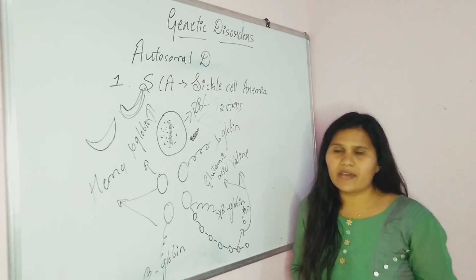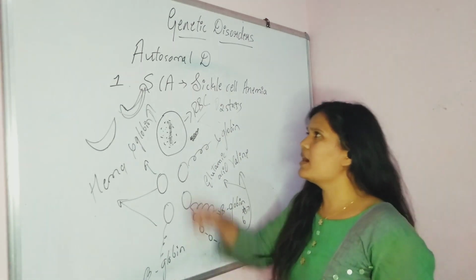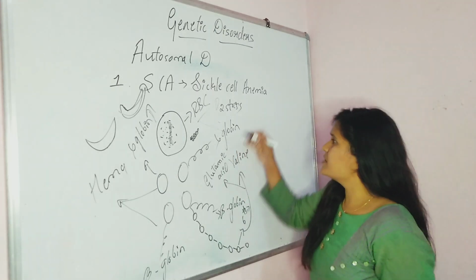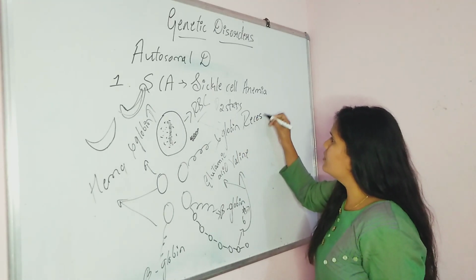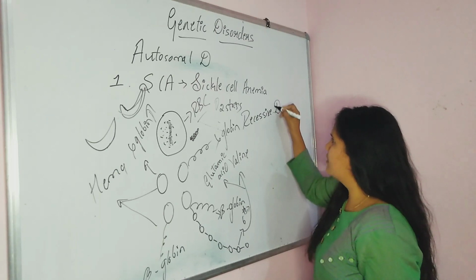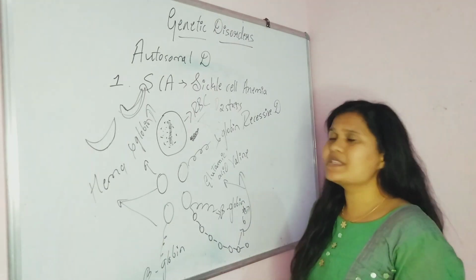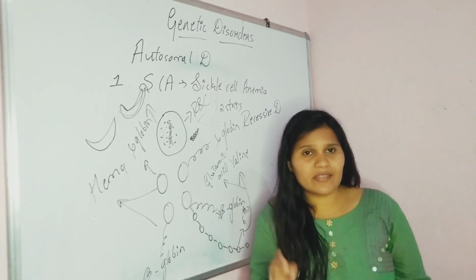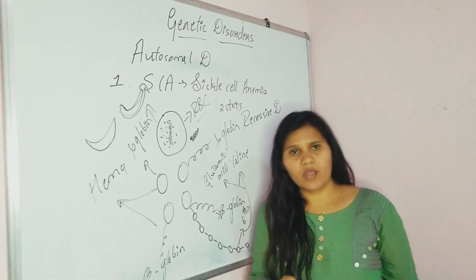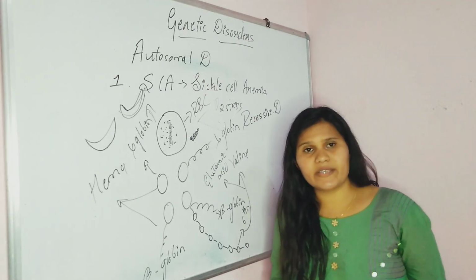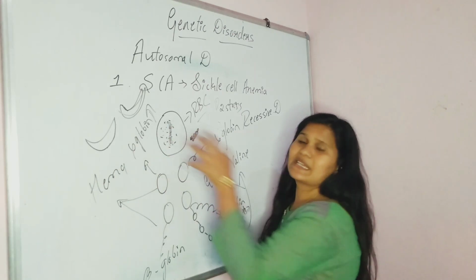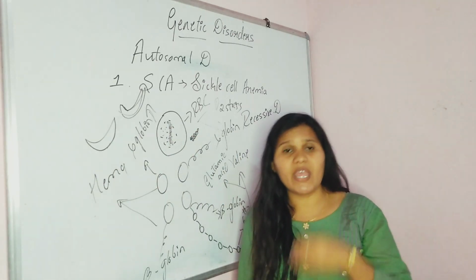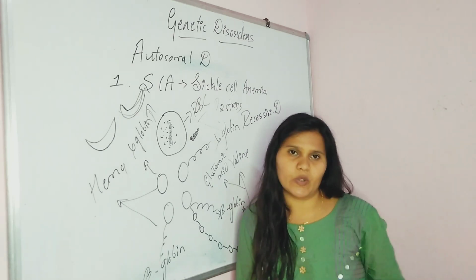Got it? Is this clear? So this is about sickle cell anemia, and it is an autosomal disorder, and it is also a recessive disorder, because in order to cause this disease, an individual should have at least 2 mutated genes. So it is called a recessive disorder. Due to these sickle cell RBCs, they will collapse and affect the blood transport in the body.